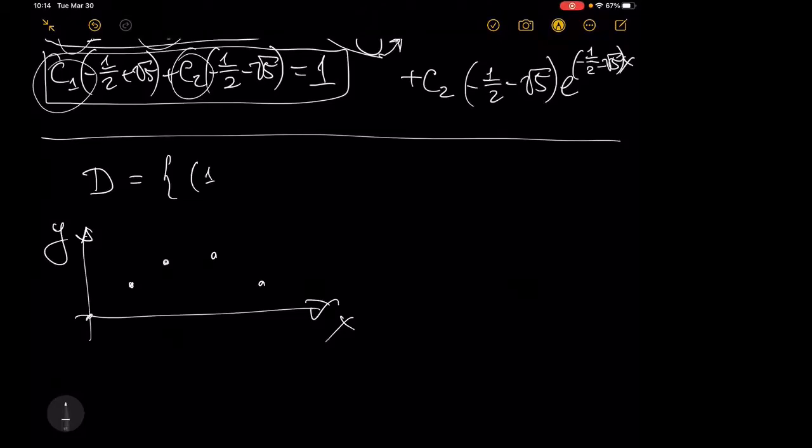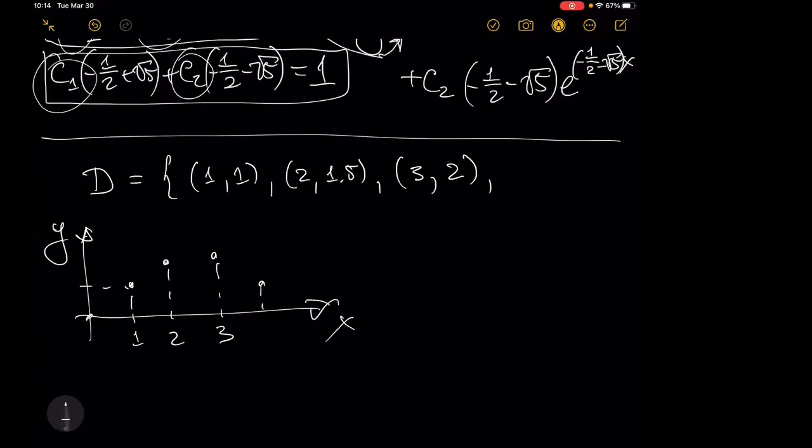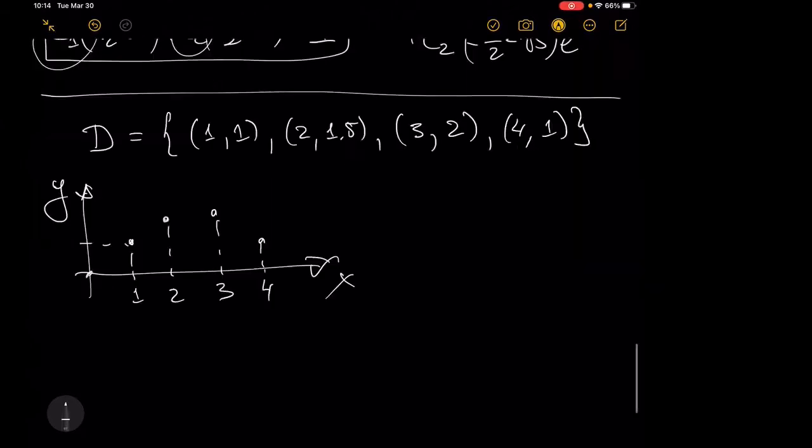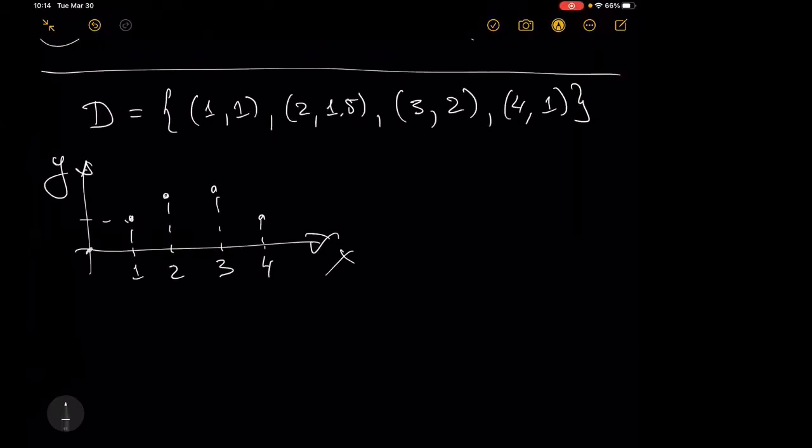Let's say at x equal to 1, the value is 1; at x equal to 2, 1.5; 3 at x equal to 3, it's 2; and at x equal to 4, you have again 1. For example.